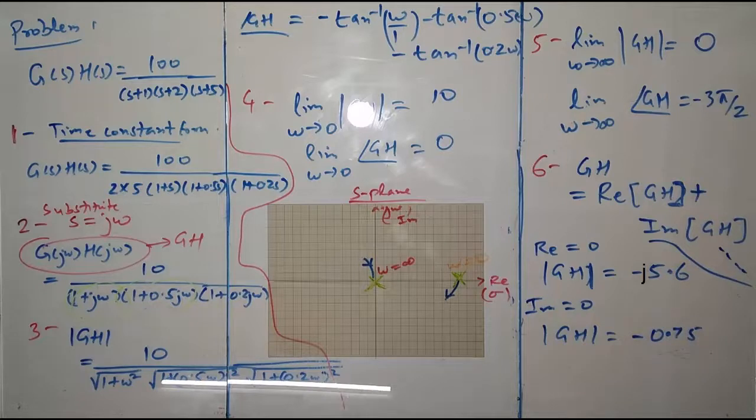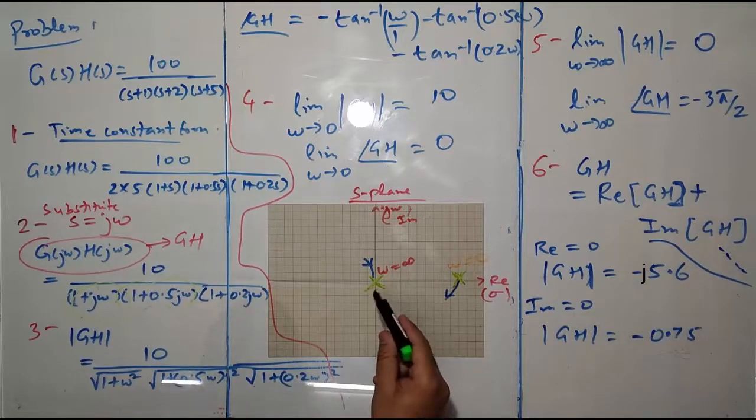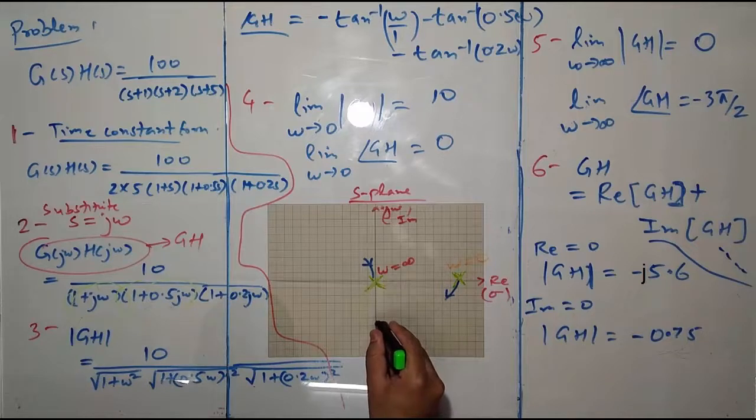So taking these two points on the S plane, one of them is at minus 5.6, which is 1, 2, 3, 4, 5, and 5.6 will be approximately at this location.